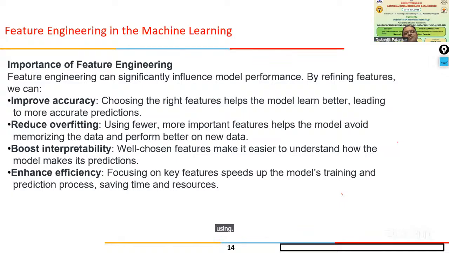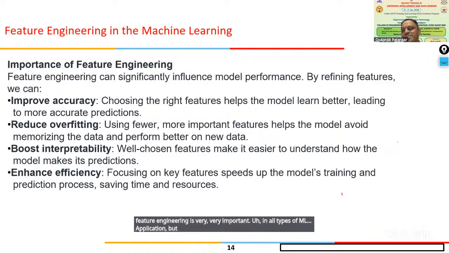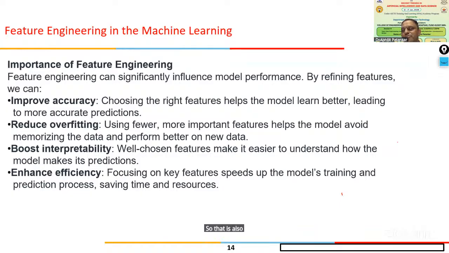So what is the importance of feature engineering in machine learning? Feature engineering is very, very important in all types of ML applications. But why do we require that? So that is also important. Okay. So what is the importance of feature engineering? Feature engineering can significantly influence the model performance by referring to features like accuracy improvement.